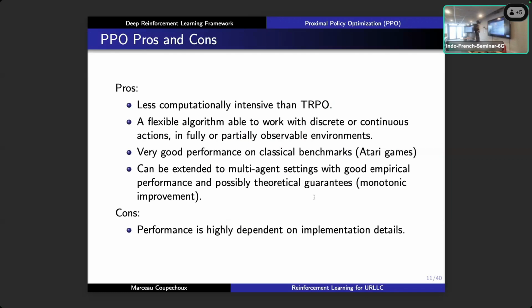What we have observed is the fact that the performance is highly dependent on the implementation details. So it's not me, my students worked a lot on the code and discovered that just implementing the theoretical PPO is not sufficient. You have some tricks in the implementation that can change the performance significantly. So we have to take this into account.